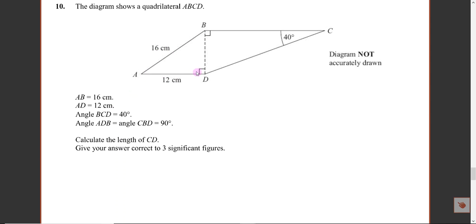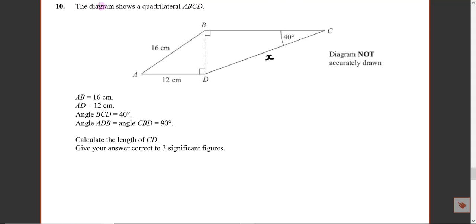A to D is 12, that's there. Angle BCD is 40, that's there. Angles ADB and CBD are 90, so they've given everything. The one that we're being asked to find is length CD. So if I call that my X value, that's what I'm being asked to find.